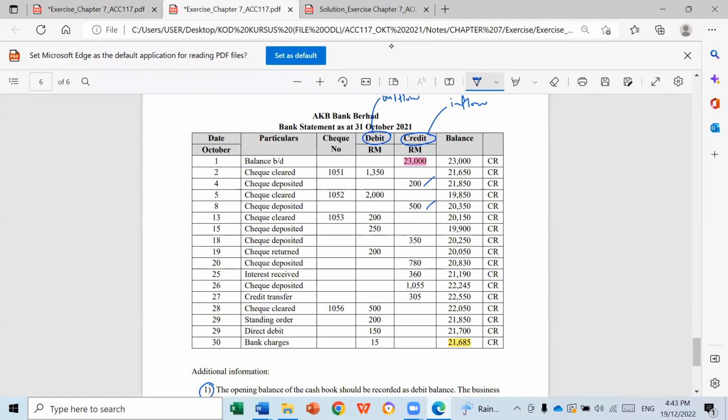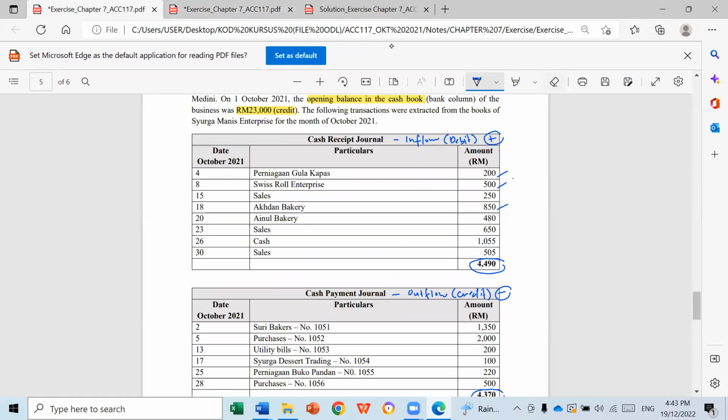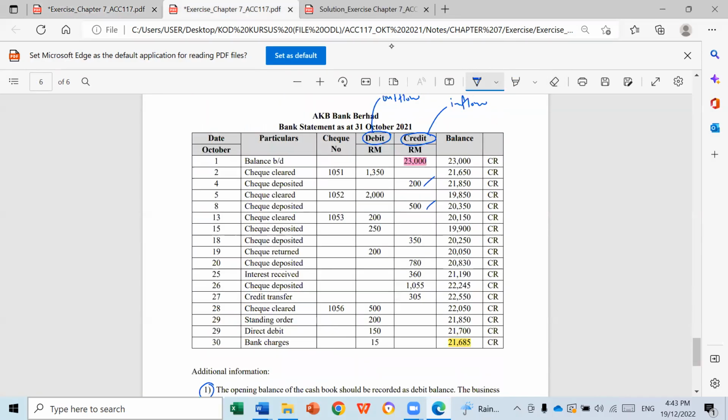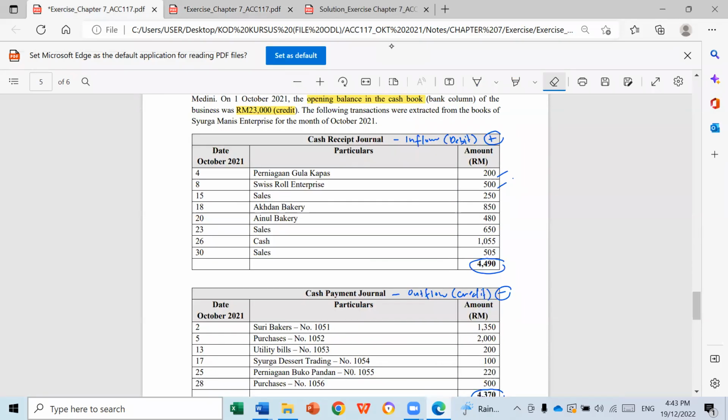Not the same, not the same. Let me mark this. Bakery 480. No, we don't have. Next is 650 sales on the 23rd. Okay, yes, we have 650.